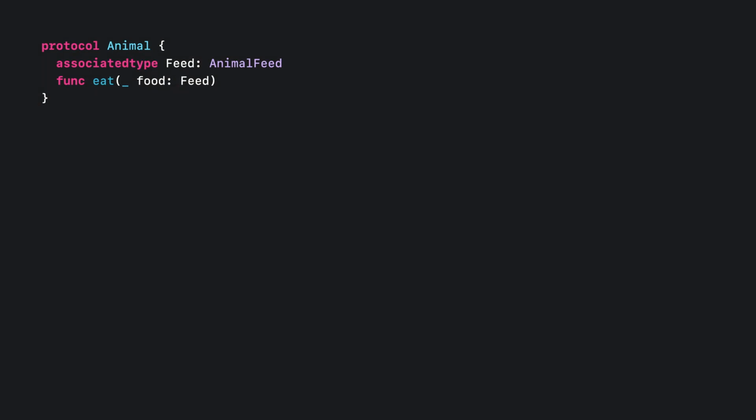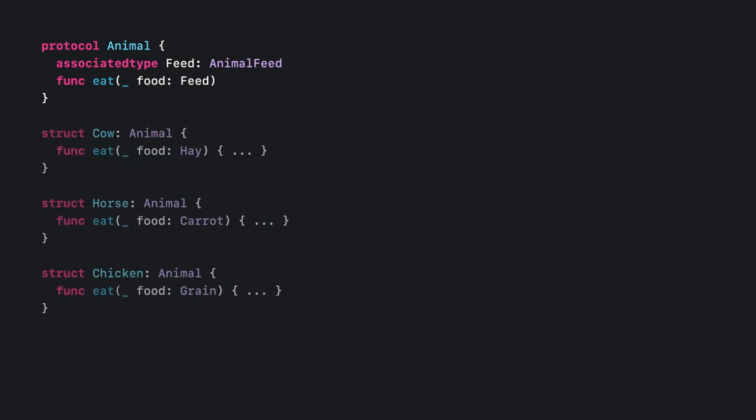Now that we have the animal protocol, we can make each concrete animal type conform to it. You can annotate a concrete type with a protocol conformance at the declaration or in an extension. Protocols are not limited to classes, so we can use protocols with structs, enums, and actors too.